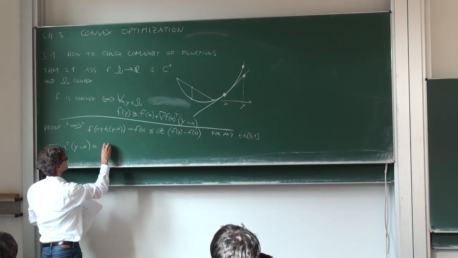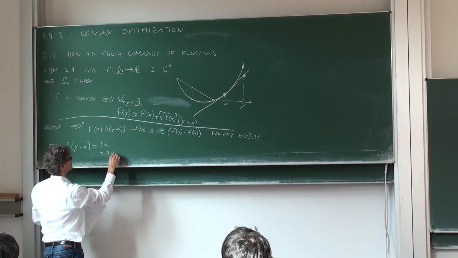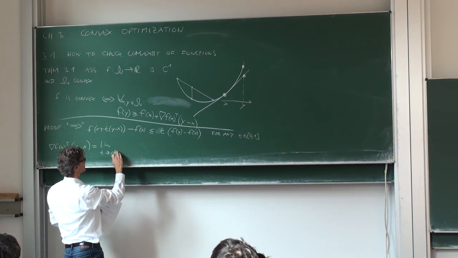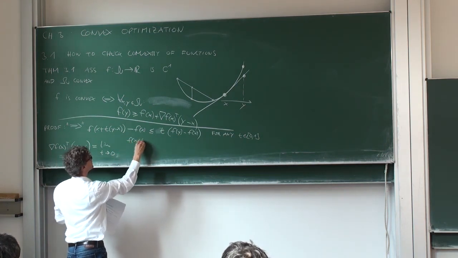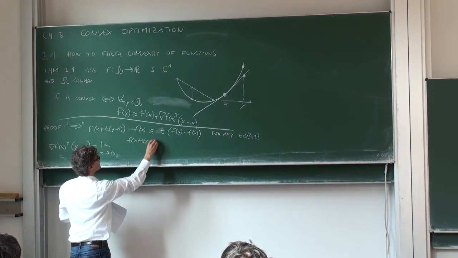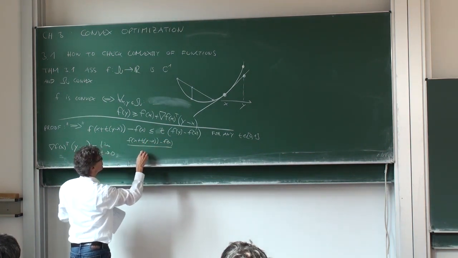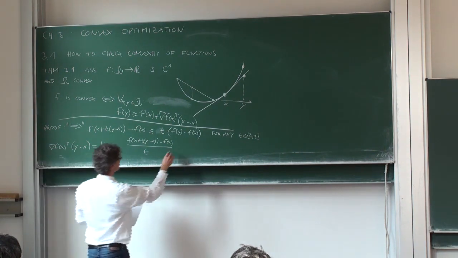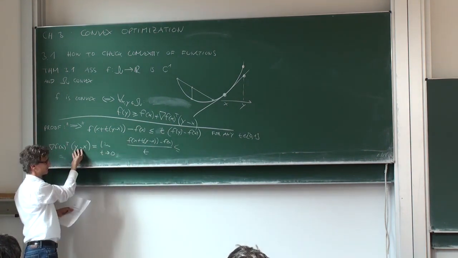And so you can also write it down as the limit of t going to 0 from the positive side, but it doesn't matter because it's a differentiable function, of the quotient of f of x plus t (y minus x) minus f of x divided by t. And so that's just the definition of the derivative.